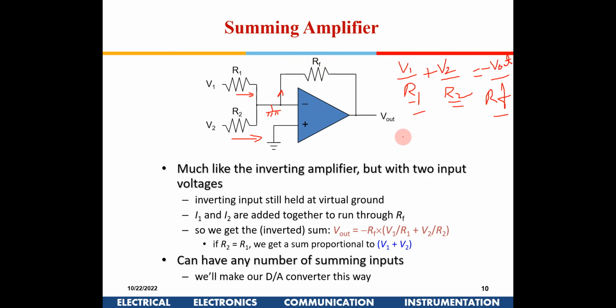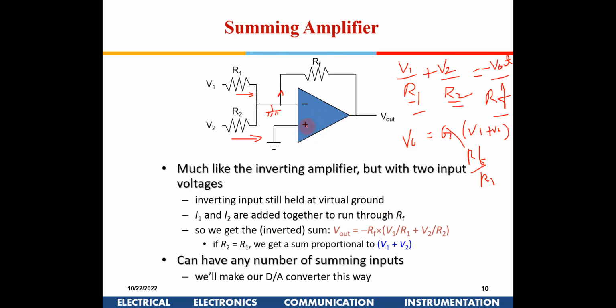The output V out will be some G into V1 plus V2. I can get some gain also, isn't it? It will be RF divided by R1, in case R1 and R2 are the same. Then this G will be RF divided by R1. So I can have gain also. If I keep them all the same, then I will have unity gain also. Is it okay?